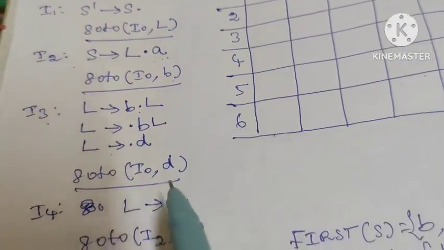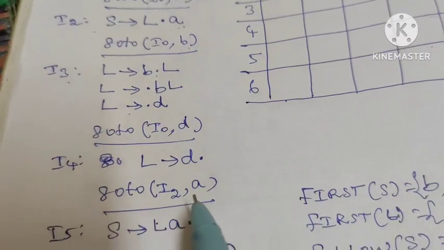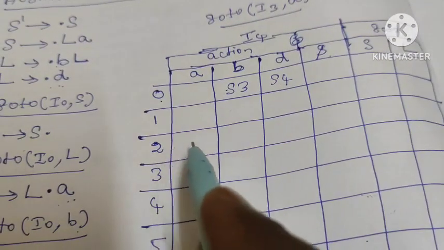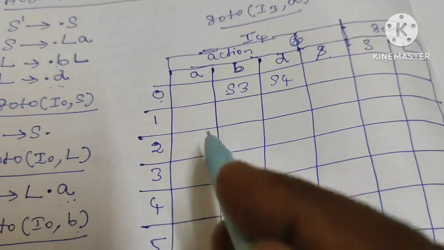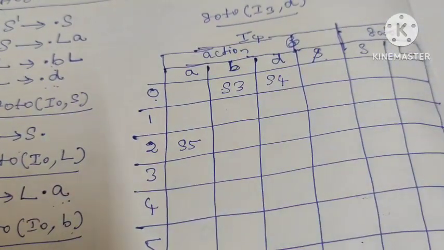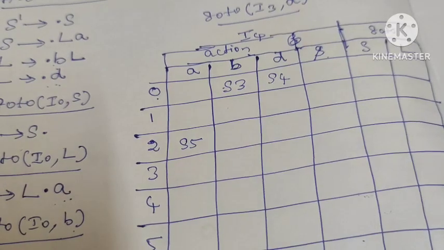Go to of item set 2 comma A produces I5. So I write it as S5. Shift 5.